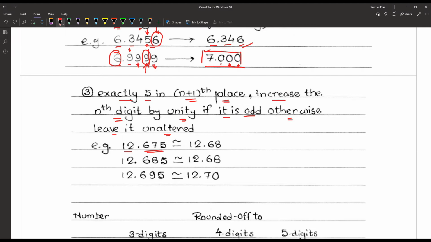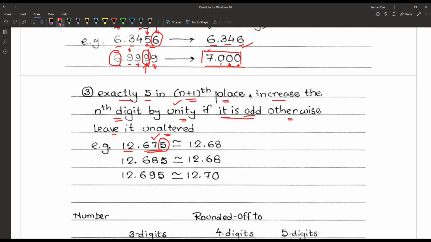We are approximating up to 2 decimal places. 12.675, exactly 5 in the third place. So here look at that digit, whether it is odd or even. If it is odd, then increase by unity.